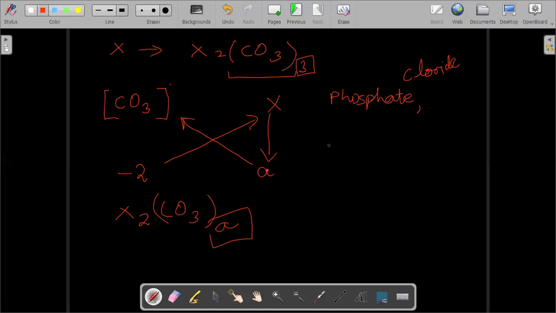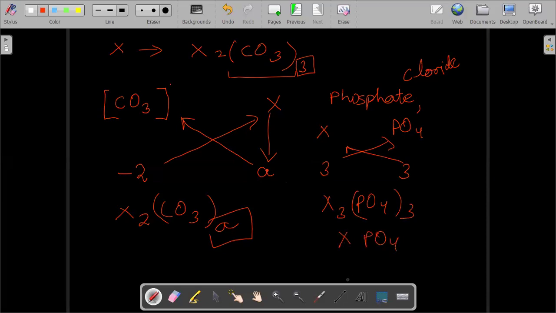Okay. So now I know X has a valency 3, and the phosphate will be PO4, whose valency is also 3. So you can simply cross them. You get X3(PO4)3. So these 3 cancel and hence the formula will be XPO4.